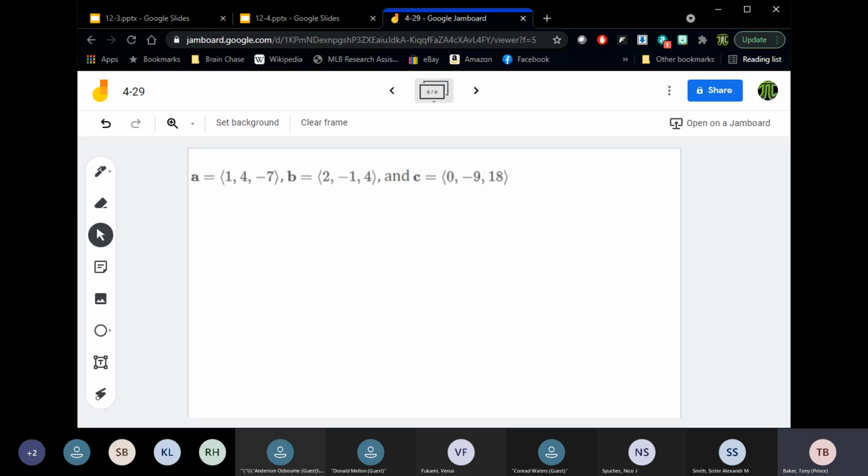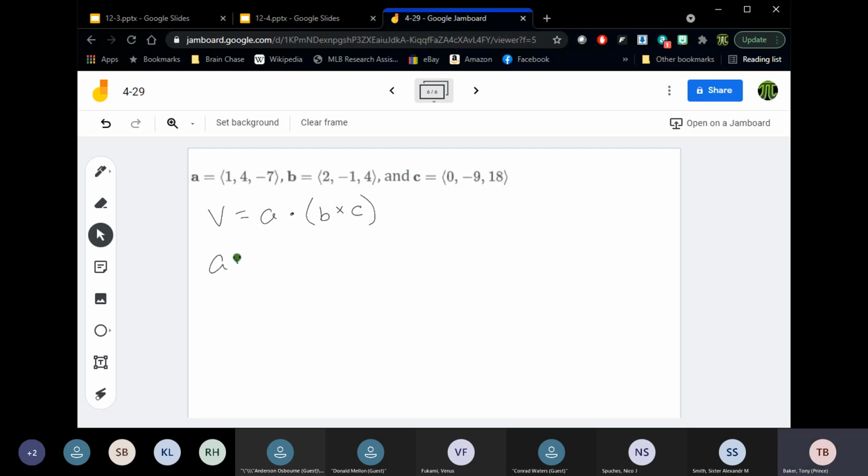So remember the formula is V equals A dot the cross product of B and C. So the dot product of A and the cross product of B and C. So step one, find the cross product of B and C. Or actually, we'll do it the other way.